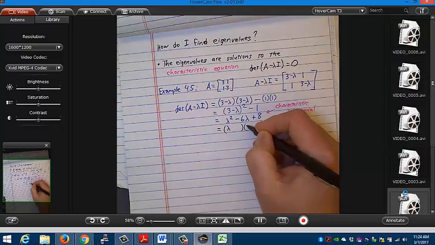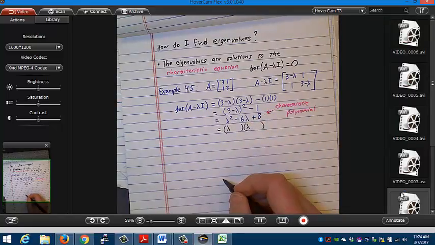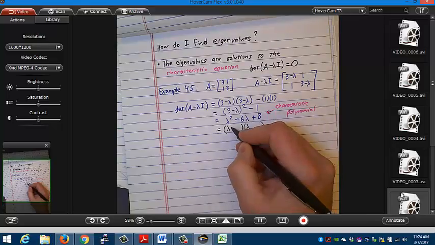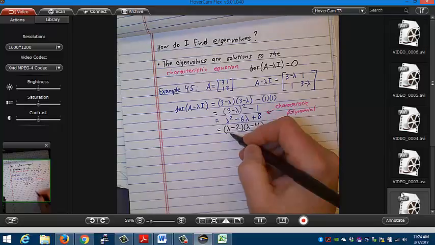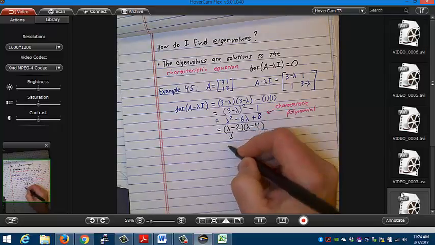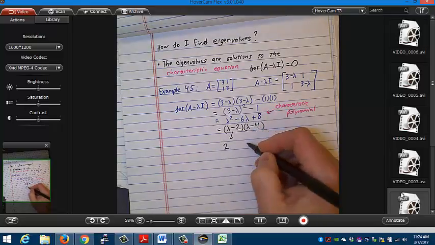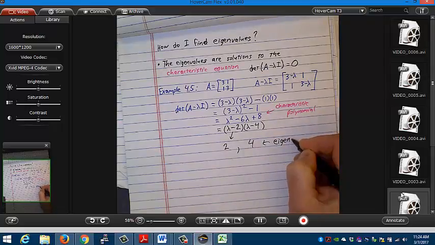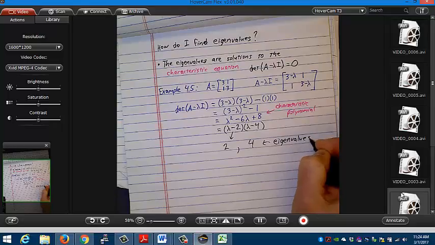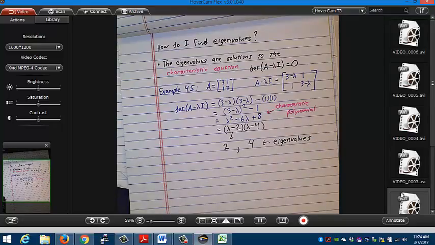I think they were nice to me, right? Lambda minus 2 and lambda, there we go, lambda minus 4. So what are the eigenvalues? 4 and 2. Yeah, 2 and 4. These are the eigenvalues.